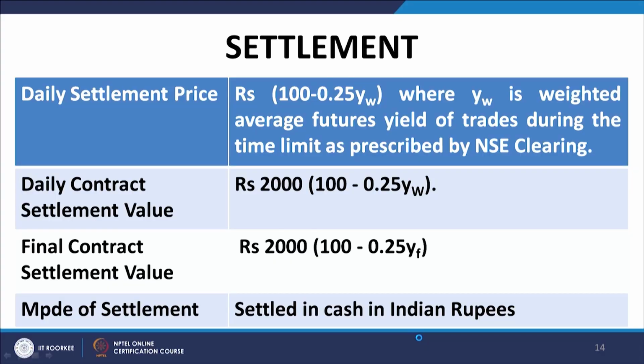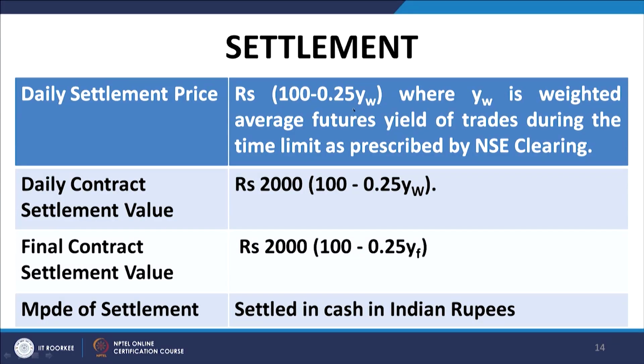Settlement: the daily settlement is based on 100 minus 0.25 YW, where YW is the weighted average discount yield worked out on the basis of the last 5 trades occurring in the last half hour. That is, the trades occurring in the last half hour, subject to a minimum of 5 trades.